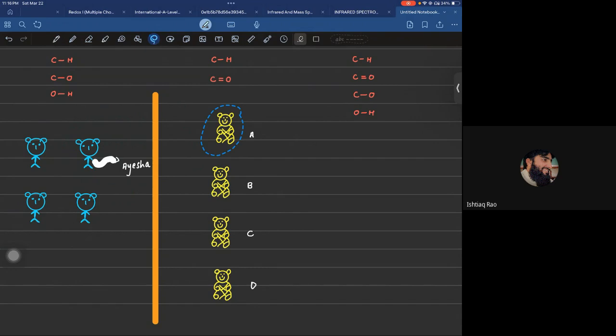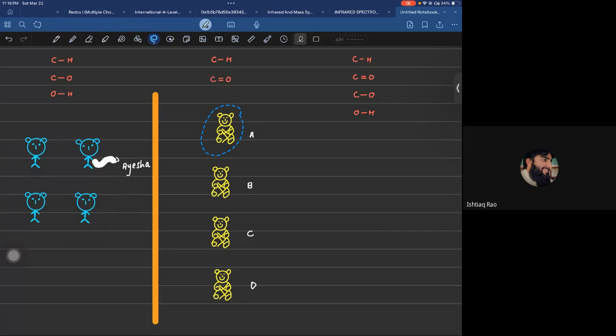The same goes with an organic compound. We are going to give some sort of infrared radiation. When the compound will respond, we can note that response, and we can tell, okay, this is alcohol, this is aldehyde, this is carboxylic acid, this is ketone, this is amine, this is amide, this is an ester. तो इस तरह से हम कंपाउंड को आइडेंटिफाई करेंगे.